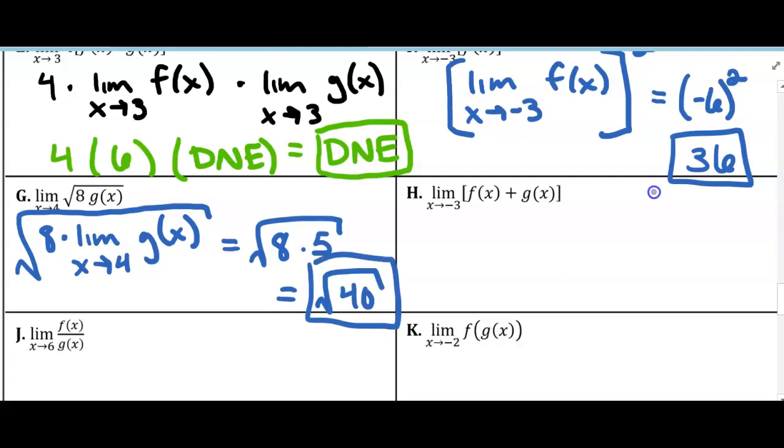Now, your Math 1 and Math 2 and Algebra 2 teachers would be freaking out right now about the fact that I just boxed this answer, the square root of 40. They'd be like, oh my goodness, you need to simplify this. You need to break it down so you have a final answer of 2 times the square root of 10.